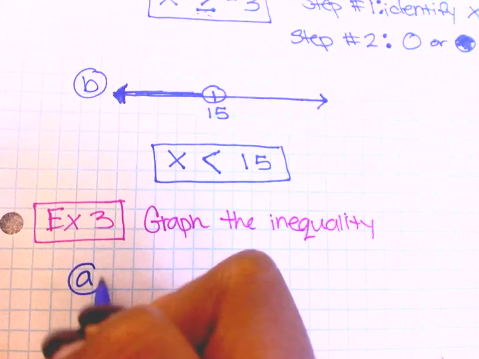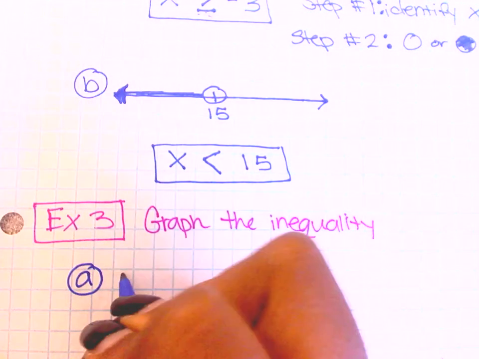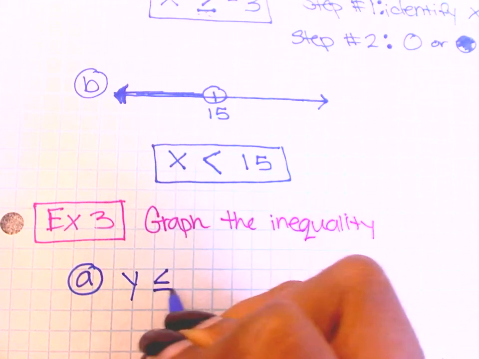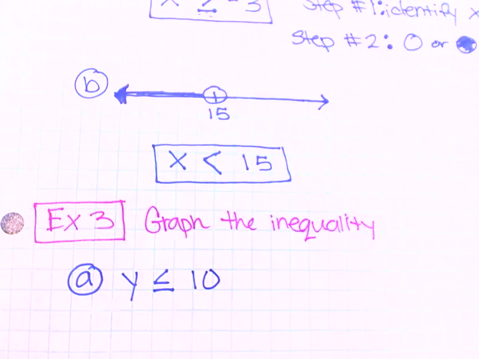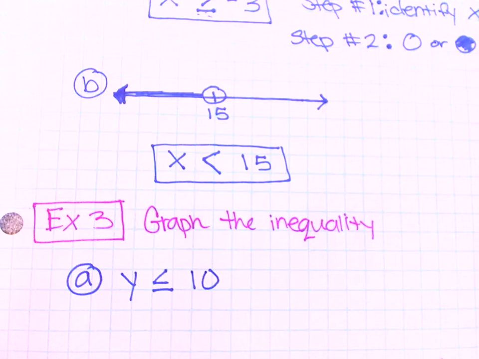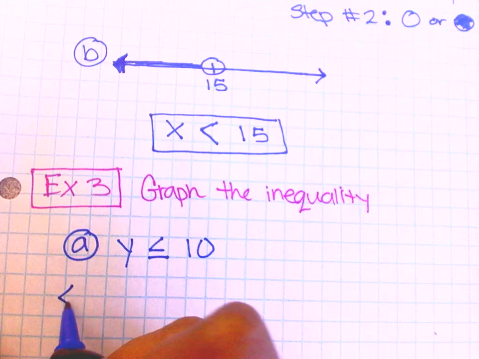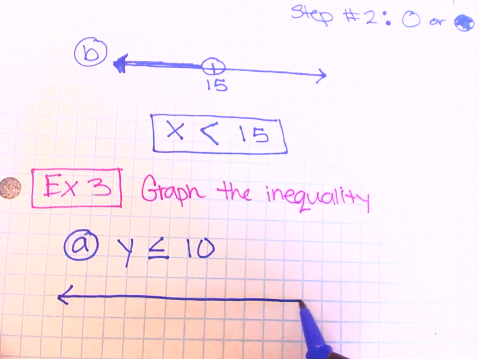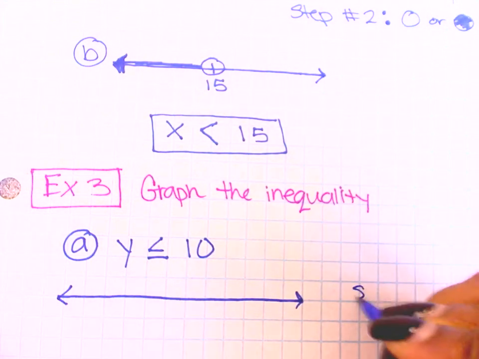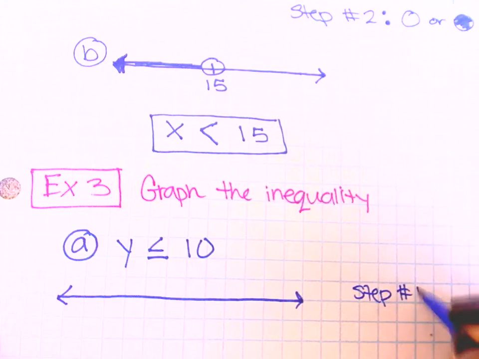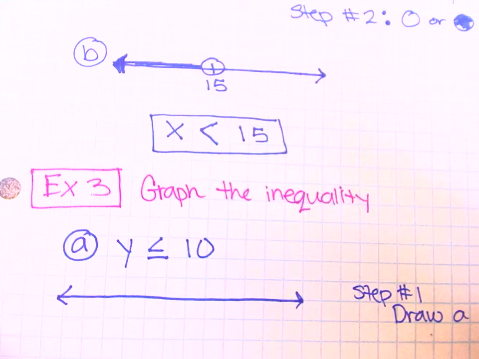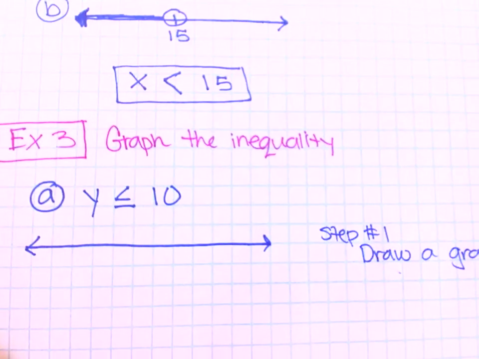So here's our first one. Y is less than or equal to 10. Okay, first thing we're going to do is draw the graph. Draw a graph. That's step 1.